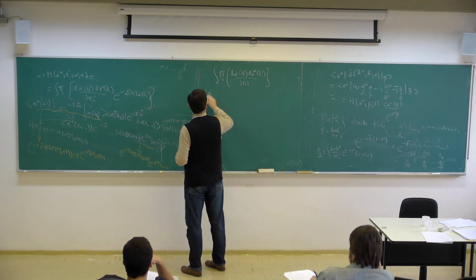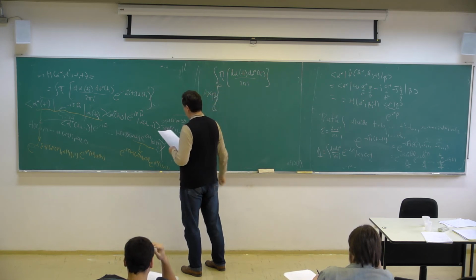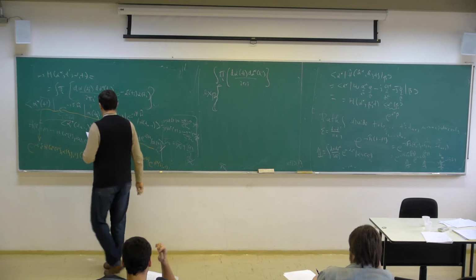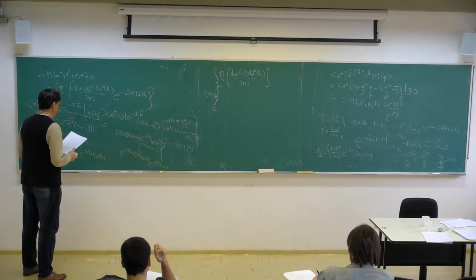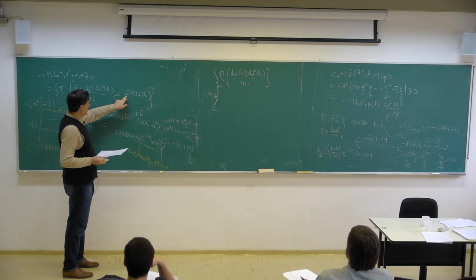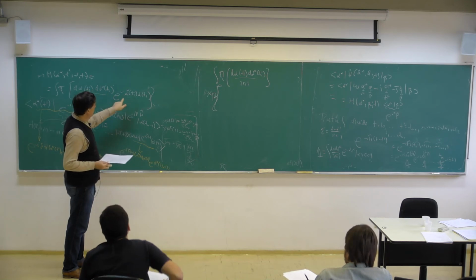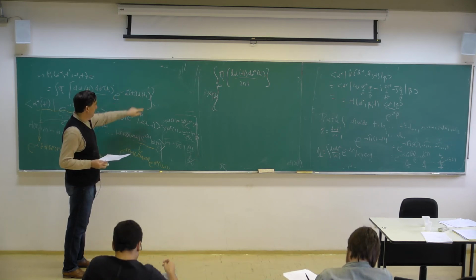Then in the exponent, I have what? For each integration, I have a term e minus alpha star ti alpha ti.